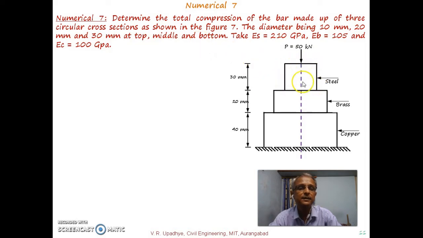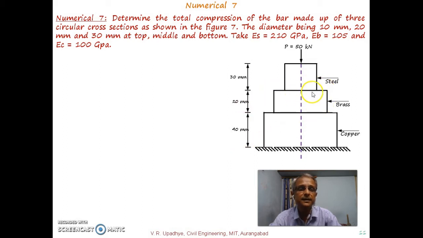At the top the diameter is 10 mm, at the bottom it is 30 mm, and in between the middle part is 20 mm. The length of the top is 30 mm, the middle is 20 mm and the bottom is 40 mm.